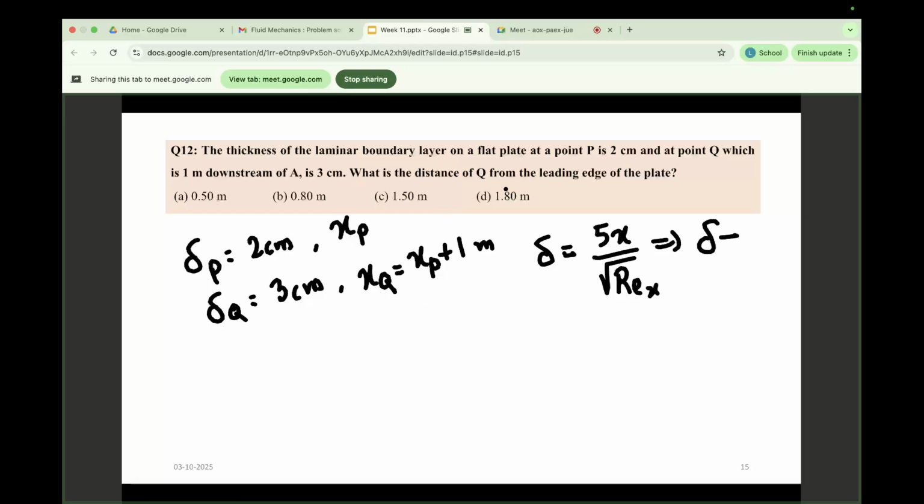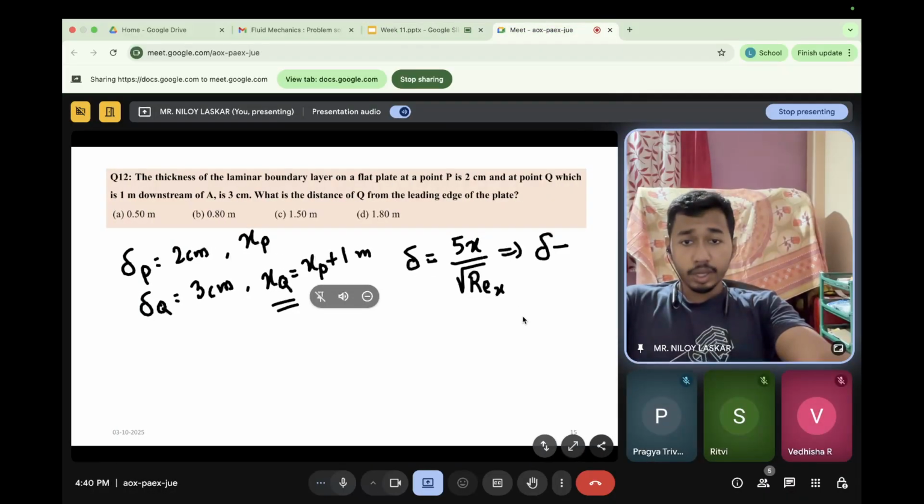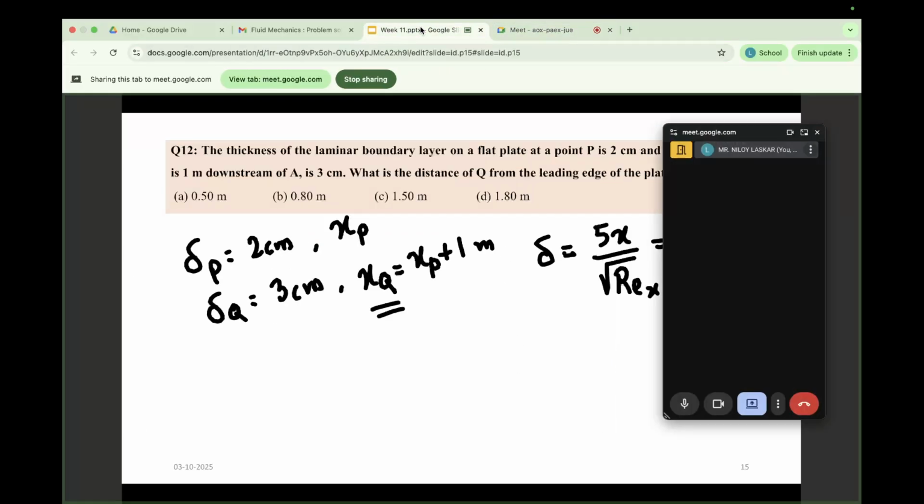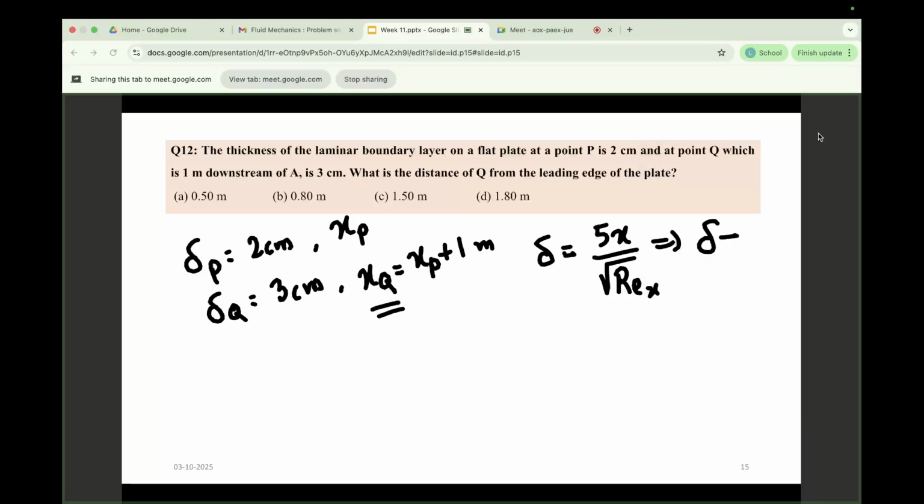So you are asked to find the distance of Q from the leading edge of the plate. That means you are asked to find XQ. Now, anyone? Also see, as I have said, this is for a single plate. What I have known is that Reynolds number Rx is Ux by nu.